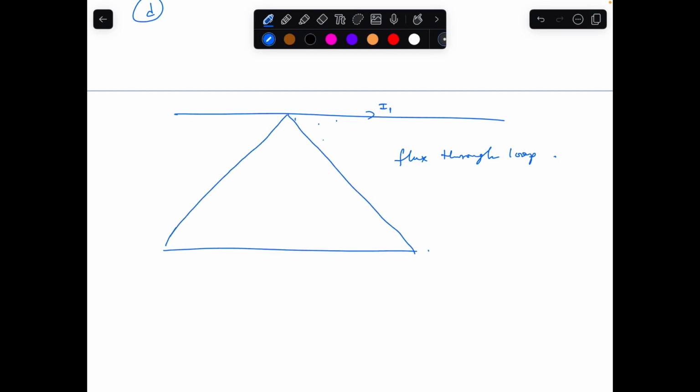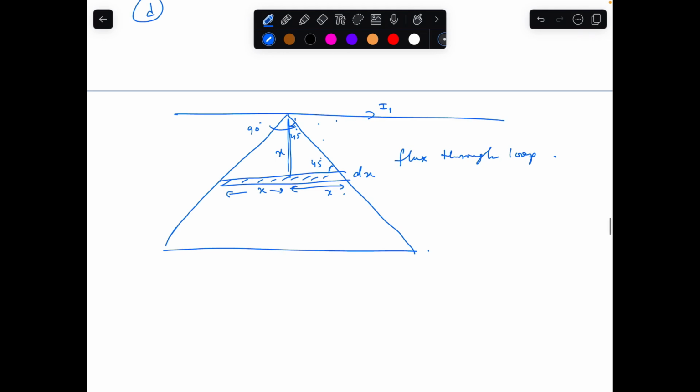See this diagram very clearly. If I consider a small element of thickness dx at a distance of x, this angle will be 45. This angle will also be 45 because the whole angle was 90. If this is x, this also has to be x.